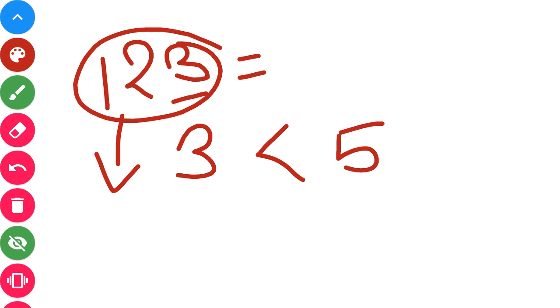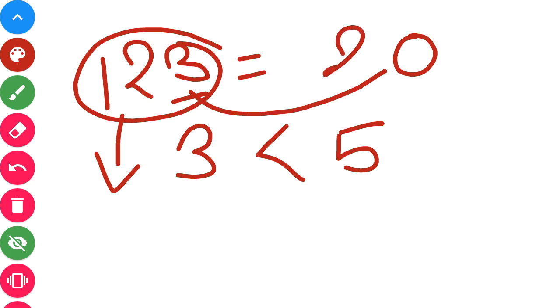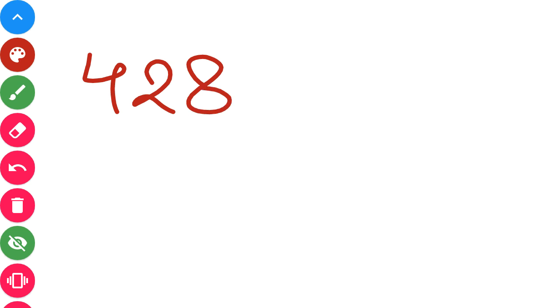Now, 3 is given at the ones place, so this 3 will become 0. Because the number is smaller than 5, the 2 will remain 2 and the 1 will remain 1. Our answer will be 120. Okay, now 428. Which number will we see?